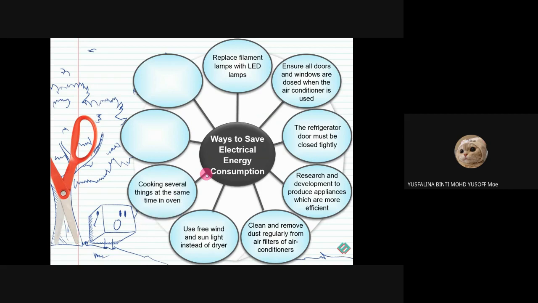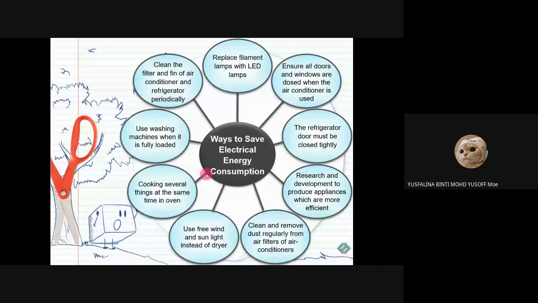Cook several things at the same time in the oven, use the washing machine when it's fully loaded, and clean the filter and fin of the air conditioner and refrigerator periodically. If there's still dust, your refrigerator has to work harder to produce the cool air, so we clean it regularly.